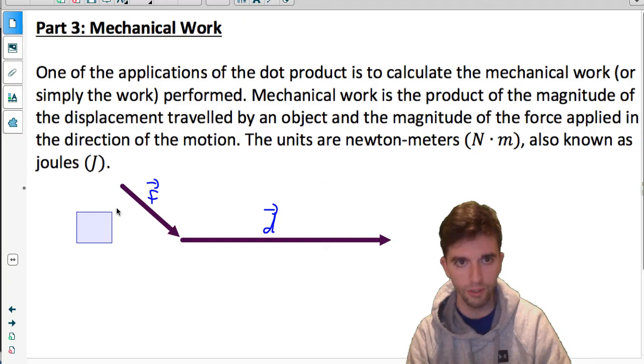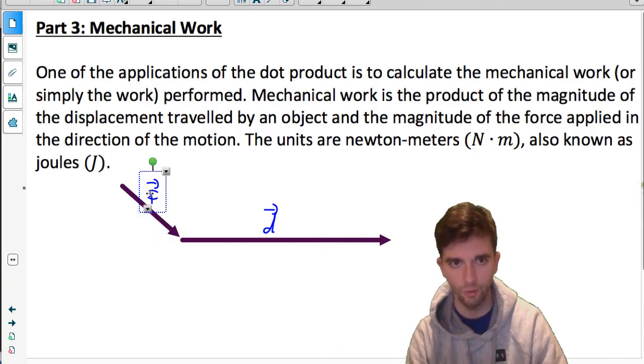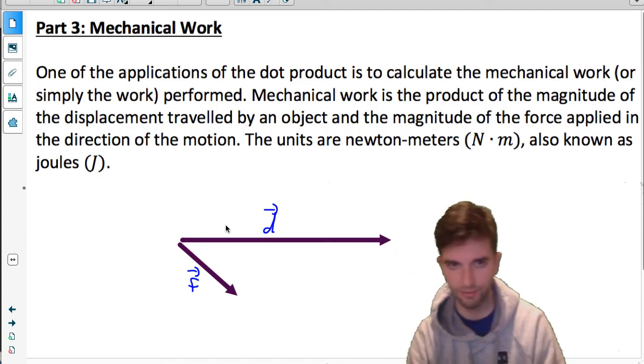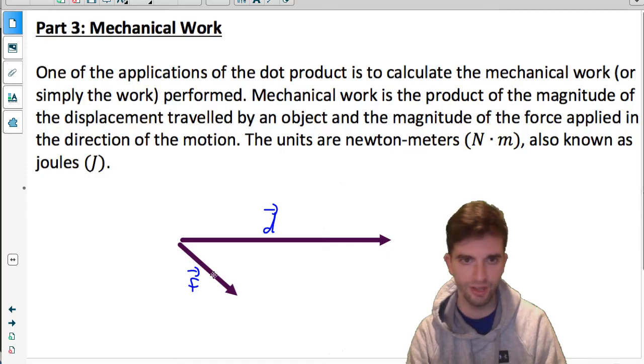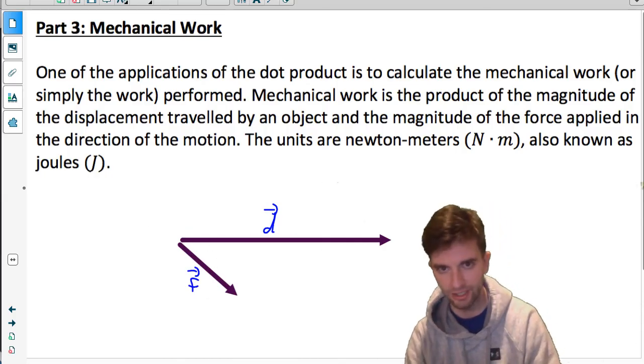So the work done to move the object that far would be equal to the product of the magnitude of the displacement, so the magnitude of vector d, times the magnitude of the force applied in the same direction as the displacement. So notice I translated the force vector so that it's tail to tail with the displacement so that I could figure out what magnitude of the force is in the direction of the displacement.